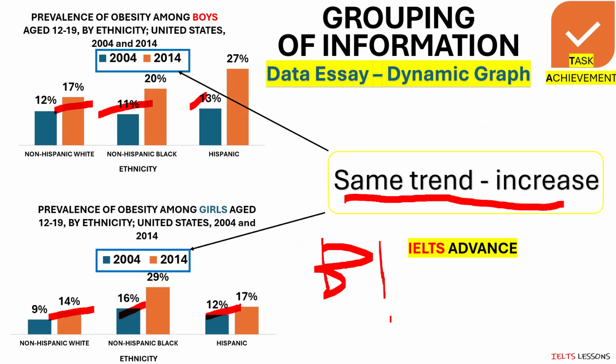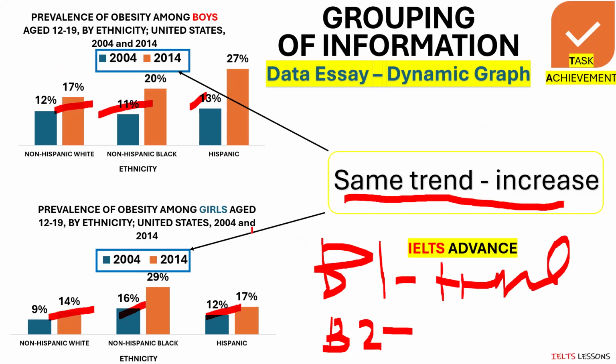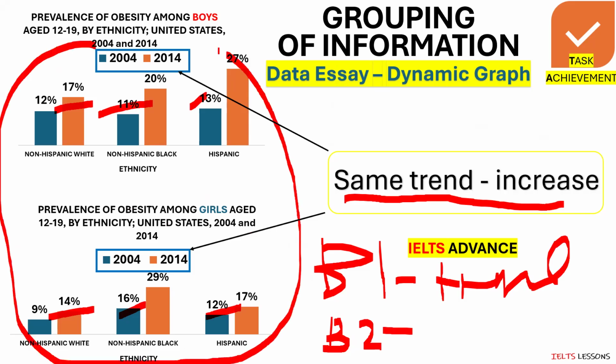In these ethnic groups. And in body paragraph 2, we should write here the comparison or the relationship. So again, here in body paragraph 1, we write the trend or group with the same pattern for both genders, boys and girls.